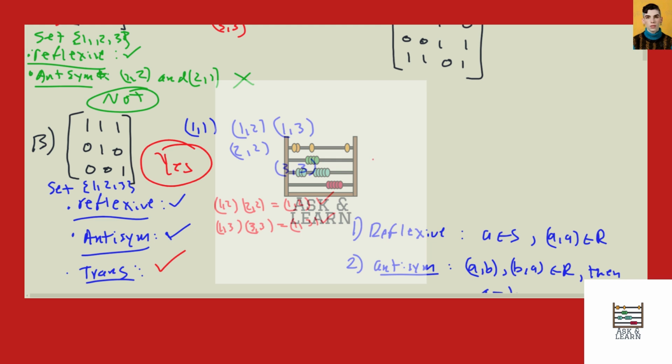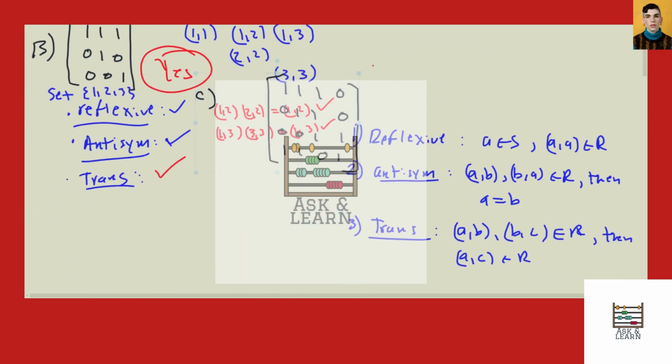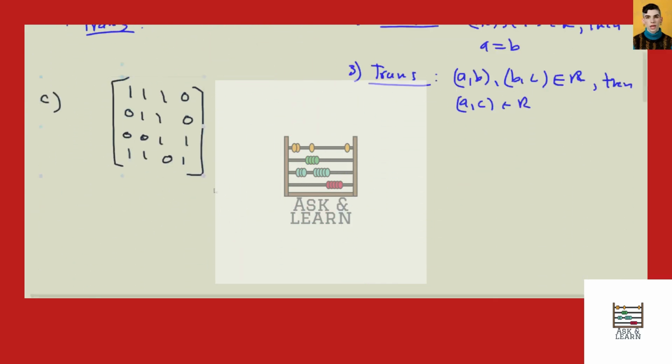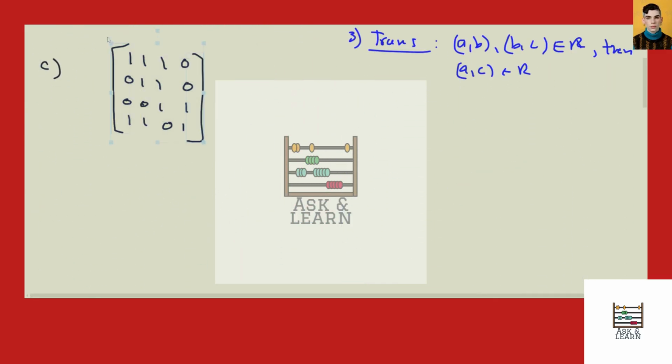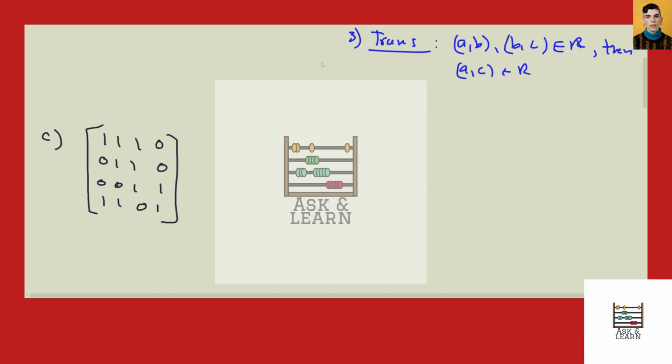All right, so now let's go ahead and see about C here. Actually, I'm going to scoot this down a little so we have as much room as we need and we won't need to move anything around. All right, so let's write out what this set is really quickly. So the set is going to be 1, 2, 3, 4.